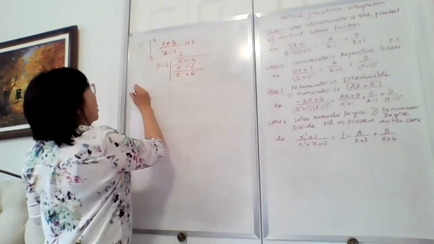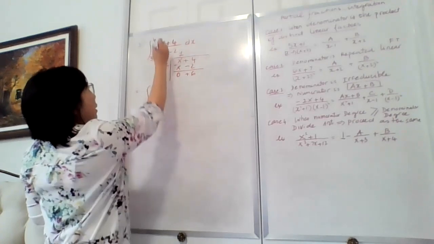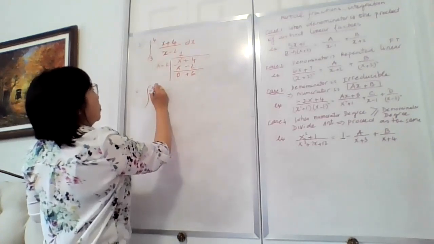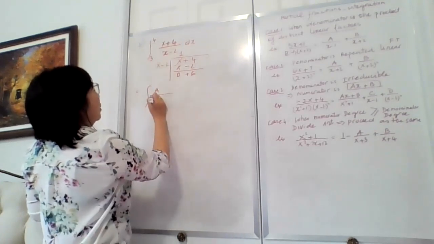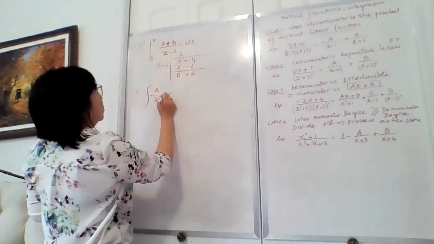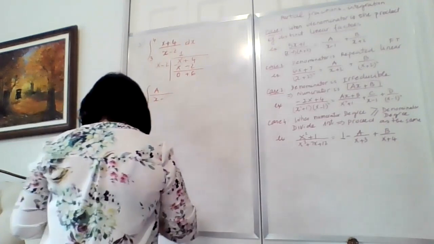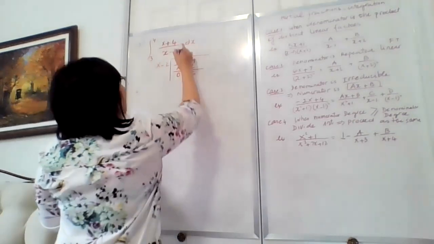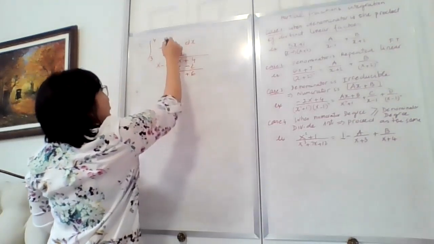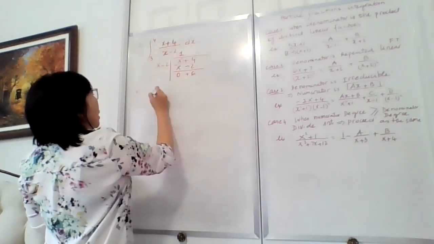So it means in this case, you will factor this example. The first one will be when you divide down, you get the first one equal to 1.